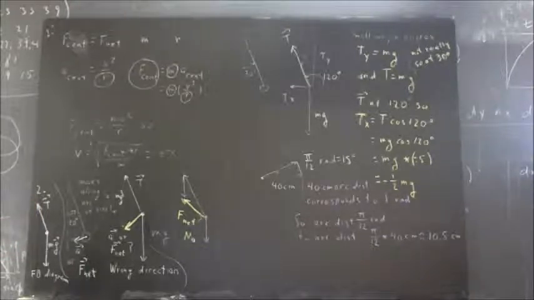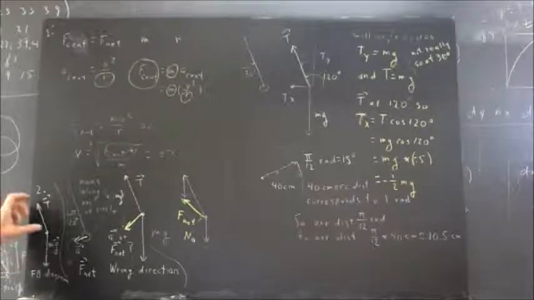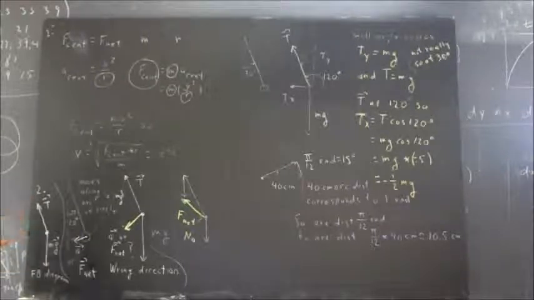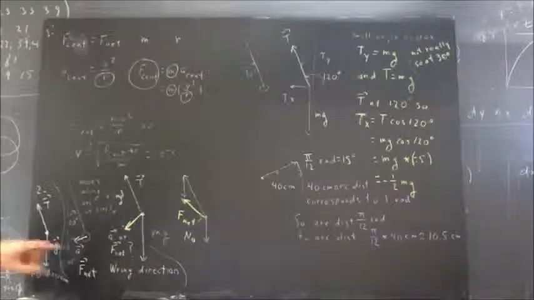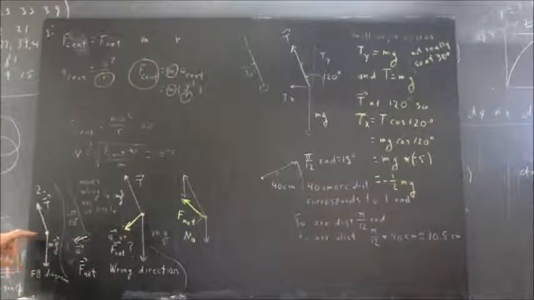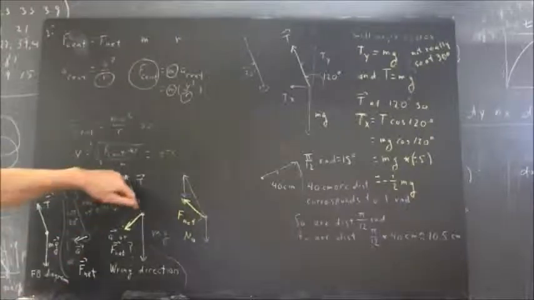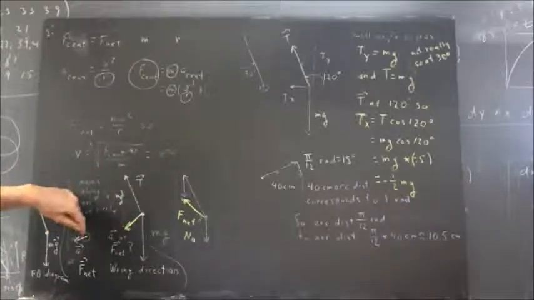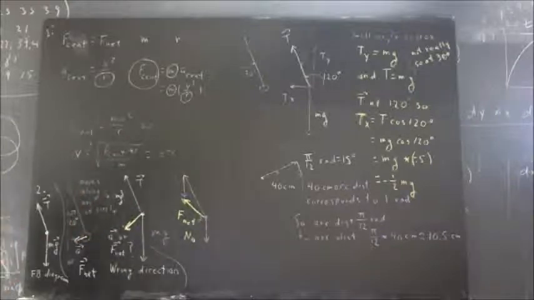Now, if we try to depict these vectors to scale, it's a little tricky to do that. This isn't a bad depiction, and this isn't a bad depiction, but neither one of these is probably going to be exactly right. To get it exactly right, we would have to have the net force vector come out in this direction.